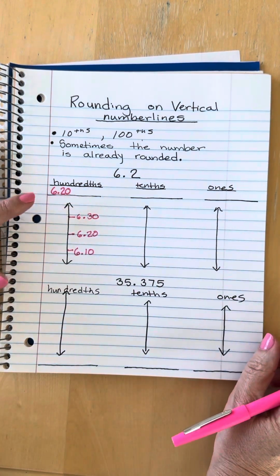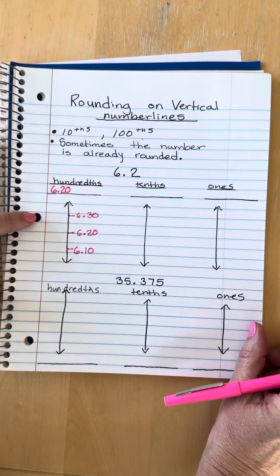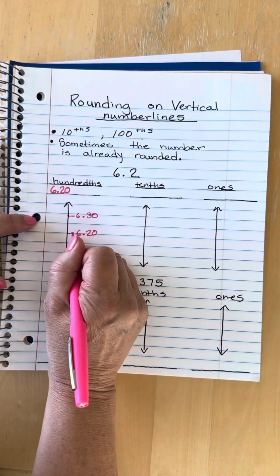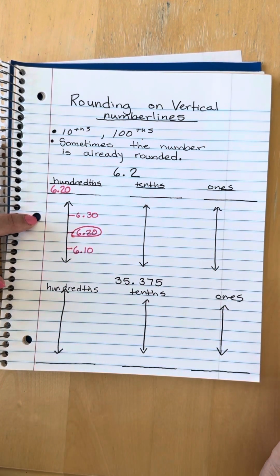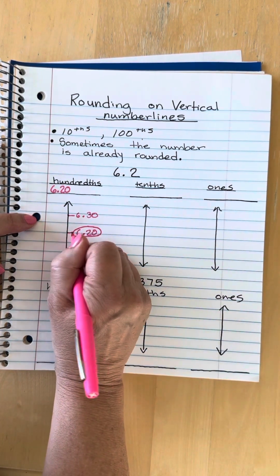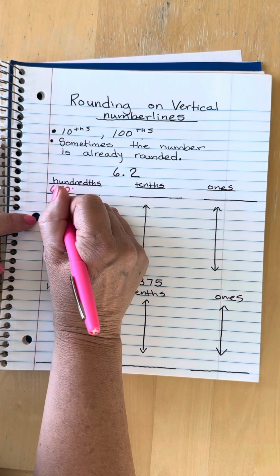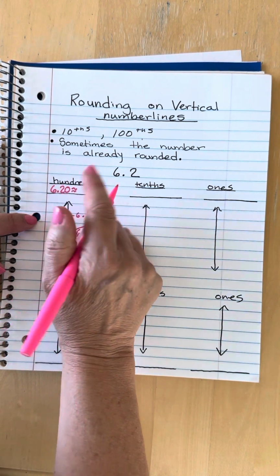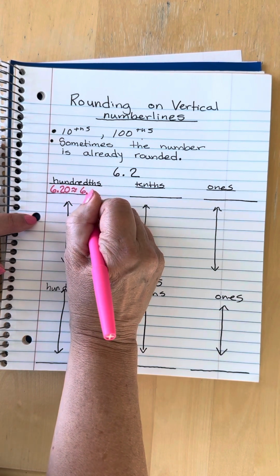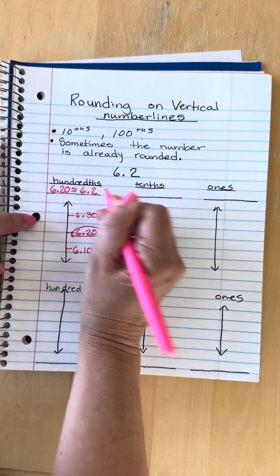Well, what you probably notice as I'm numbering this number line, 6 20 hundredths is already there. So I'm going to circle it because it is exactly that. So 6 20 hundredths rounded to the nearest hundredth is still 6 2/10.